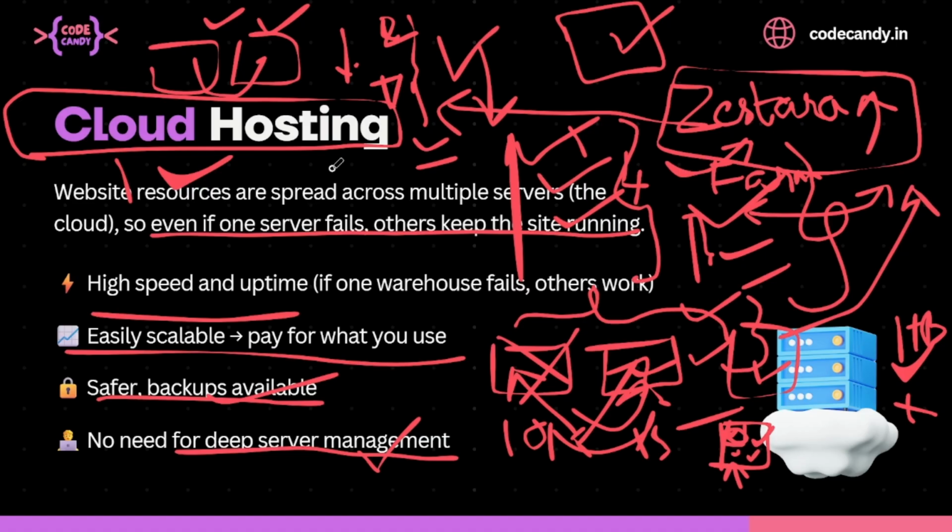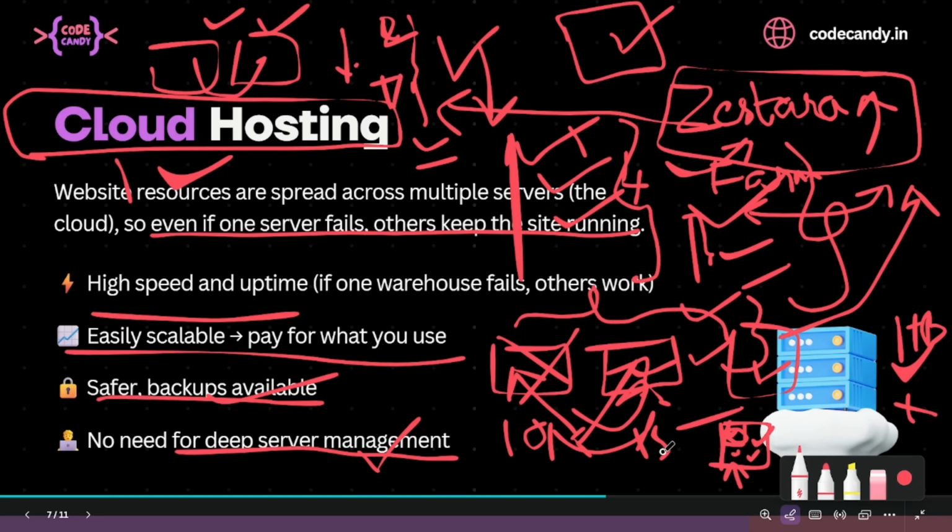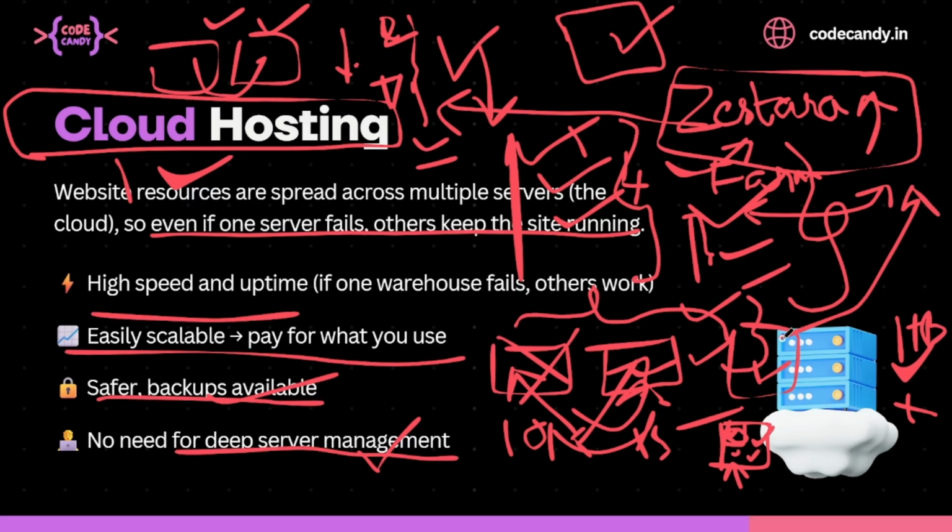In cloud hosting the best thing is you are paying only for what you use, and it's none of your work to check whether your CPU is running or your database is getting bloated with data. All the things are taken care of by the hosting providers only.